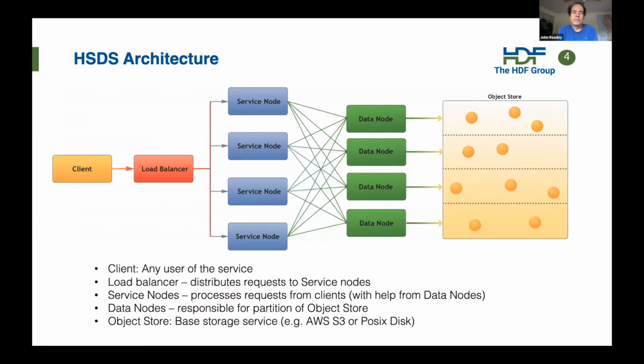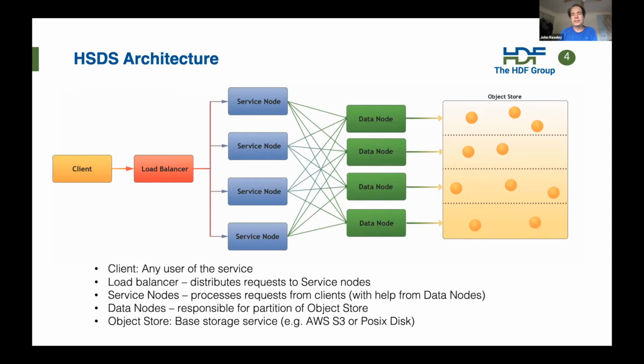Very briefly, the architecture is like this, where rather than a library, you have a set of containers behind a REST API. We have these blue boxes, service node containers, that handle client HTTP requests. The green boxes, the data nodes, are the workhorses that are reading and writing to the data store.